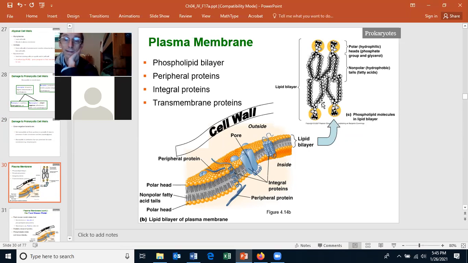You want the fatty acid tails inside the plasma membrane, and then this layer facing the other way with the tails facing in, and they are lipid soluble, so they want to stay away from the water inside the cell and the water outside the cell. And then the phosphate region of the phospholipid here faces outside the cell.